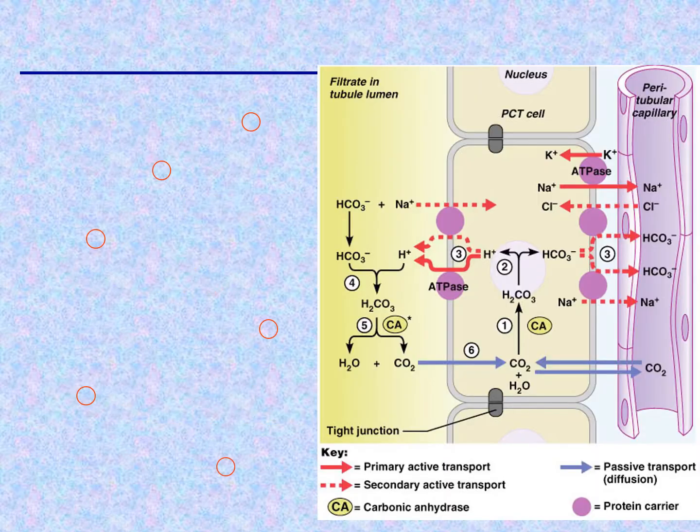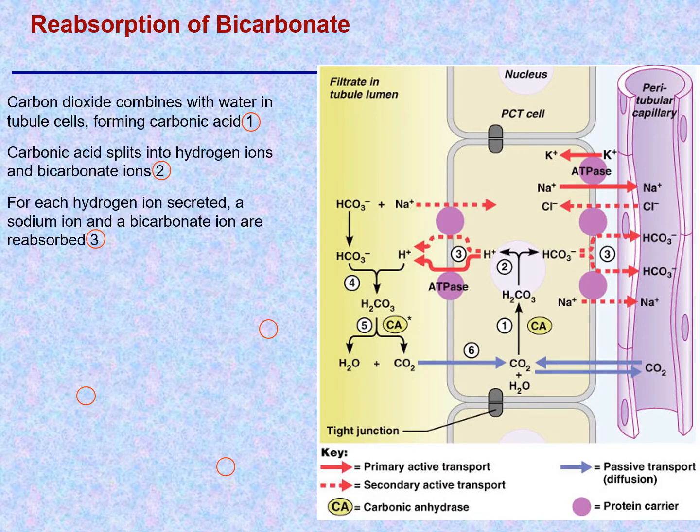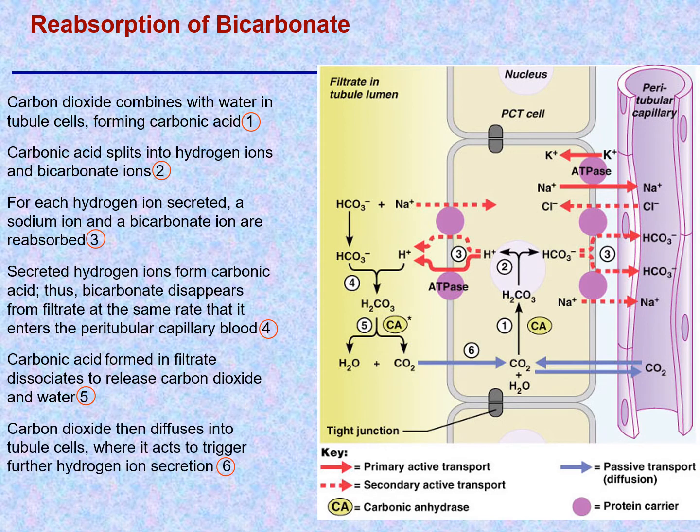Let's see what that means. This is the process of reabsorption of bicarb, which is the equivalent to losing a hydrogen ion, and therefore is a mechanism to raise the pH.